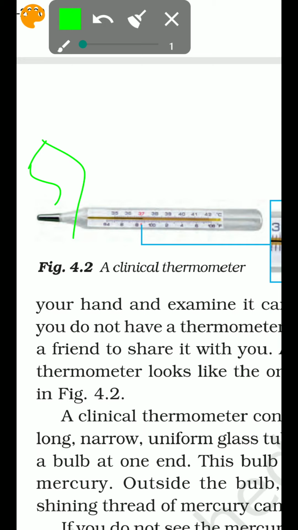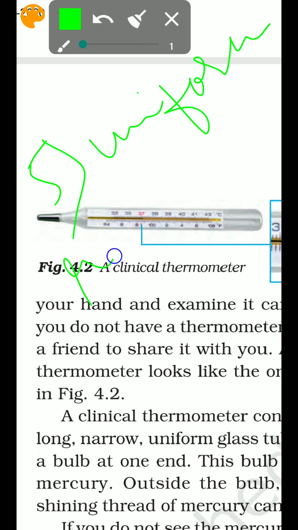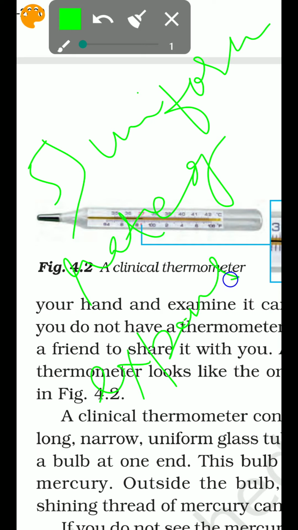And last but not least, it should have a uniform rate of expansion. It means the liquid which we take inside the bulb of the thermometer has the capacity for uniform rate of expansion. Uniform rate of expansion means it expands uniformly.